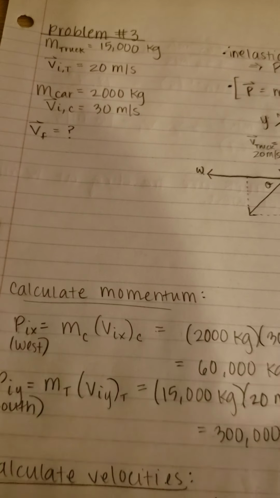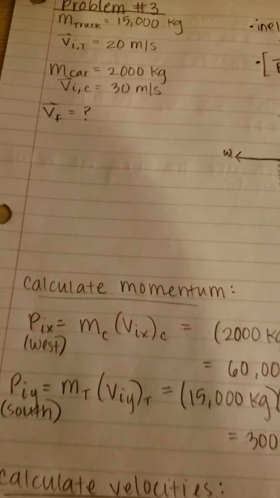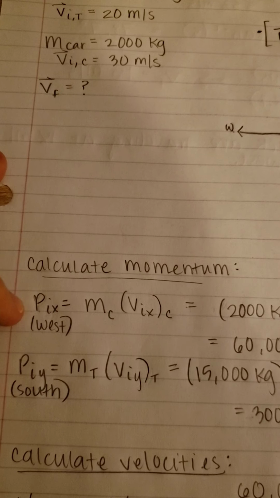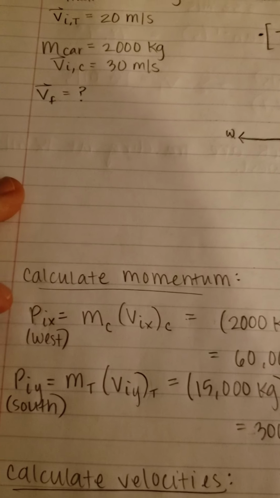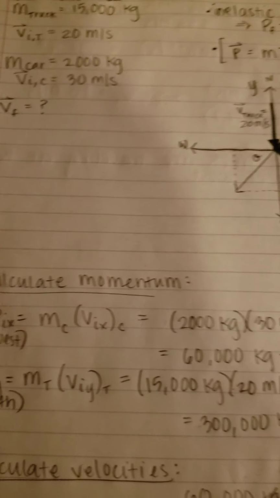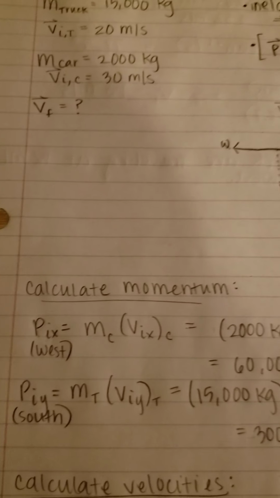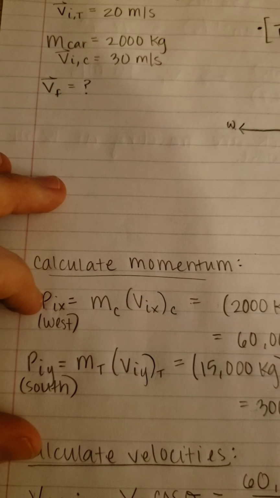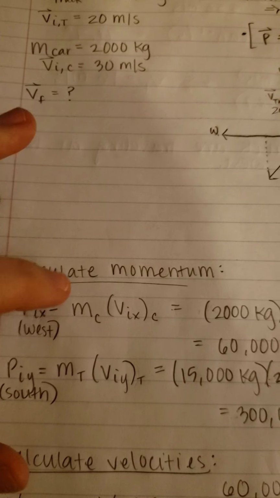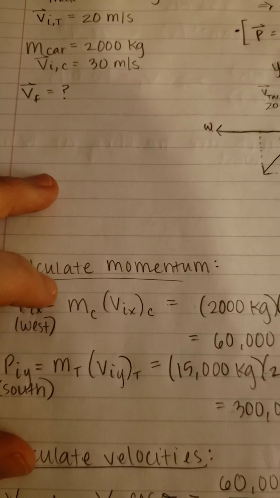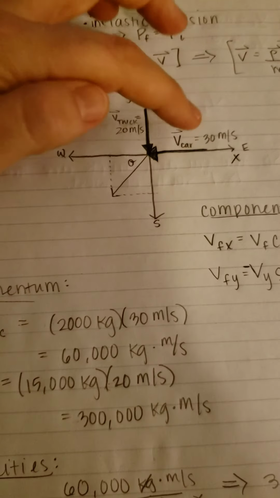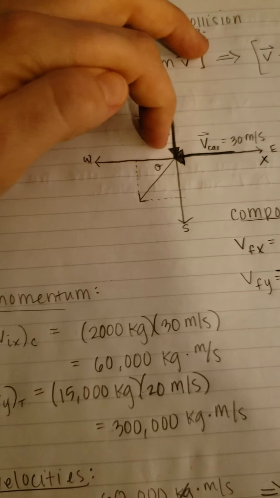So to calculate our momentum, we are going to start in the x coordinate, or on the x axis. So the momentum in the x direction, or the west direction, is going to be equal to the mass of the car times the initial velocity of the car, because that's the only thing going in the x direction.